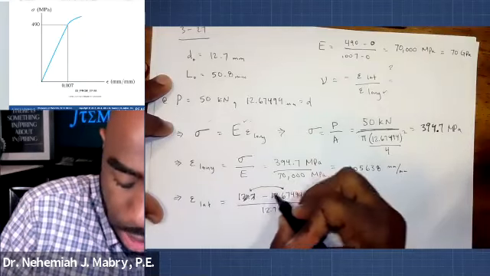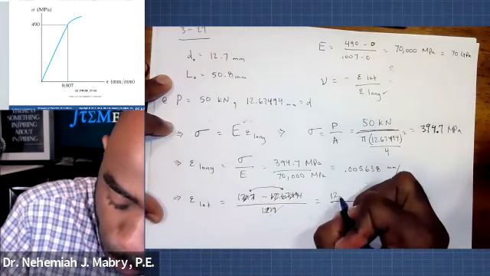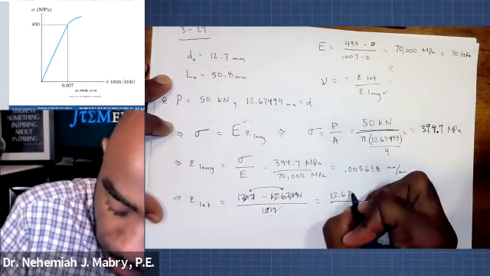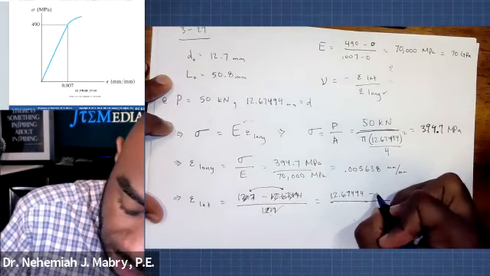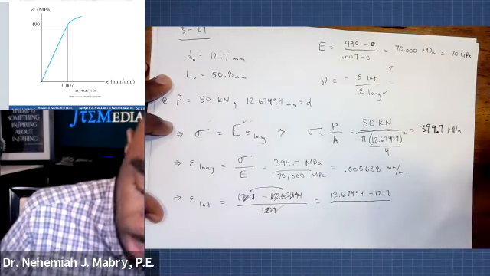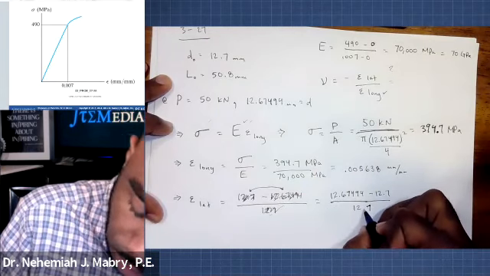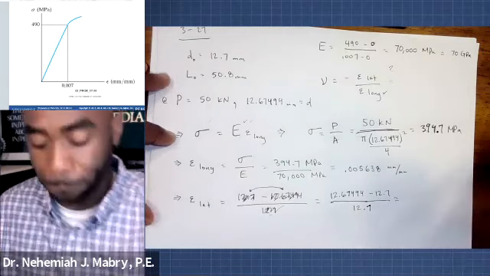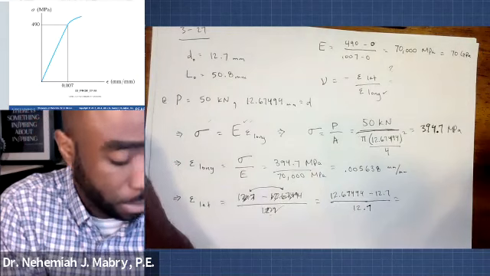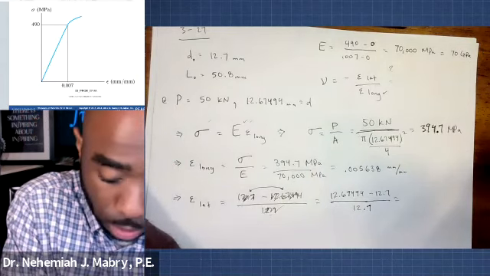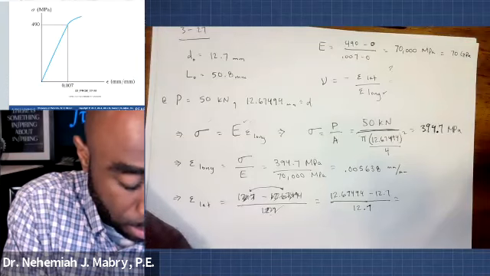So let me just rewrite that again. 12.67494 minus the initial over the initial. Let's do the math on that. 12.67494 minus 12.7.